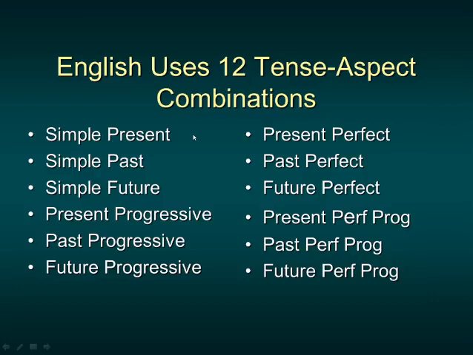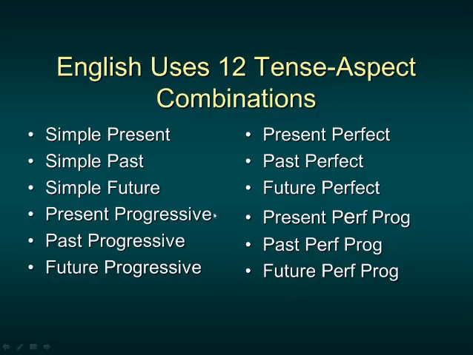In the same way, out of these three tenses, we make the other ones. In total we get 12 tenses in English: simple present, simple past, simple future, present progressive, past progressive, future progressive, present perfect, past perfect, future perfect, present perfect progressive, past perfect progressive, future perfect progressive.